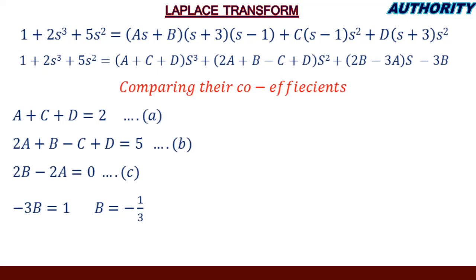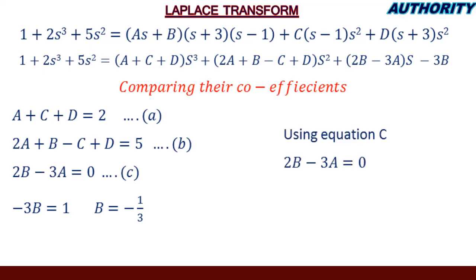Here we have equation a, equation b, and equation c. We can use any of the equations to find a, because we have found b, c, and d. Without wasting much time, let's use the simplest equation, which is equation c, where we have 2b minus 3a is equal to 0, and the value for b is minus 1 all over 3.